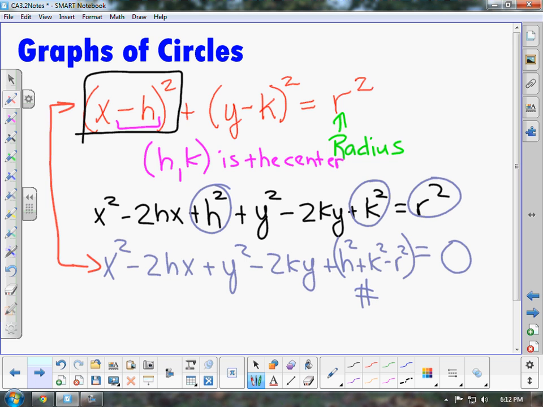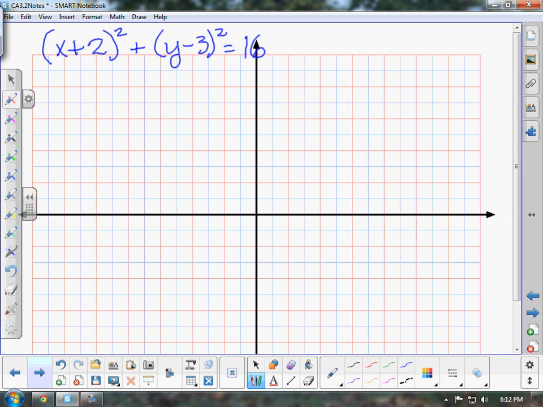Now, how do you convert that? Well, we'll get to that in a moment. First, though, let's look at an example here and figure out what we have. So we have x plus 2 squared plus y minus 3 squared equals 16. So we know that our center is going to be at negative 2, positive 3. Right there's our center.